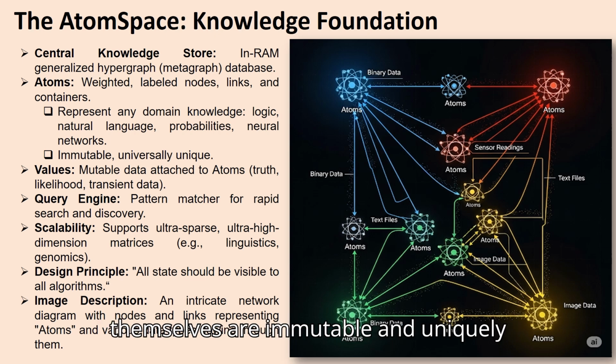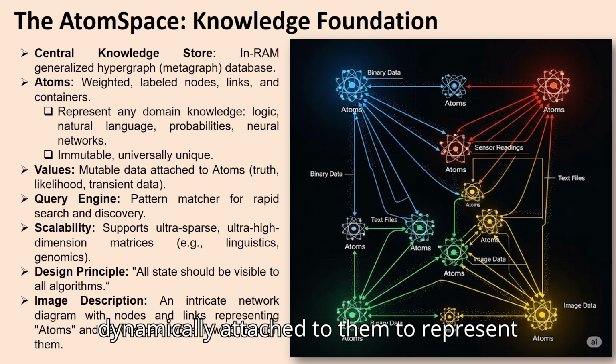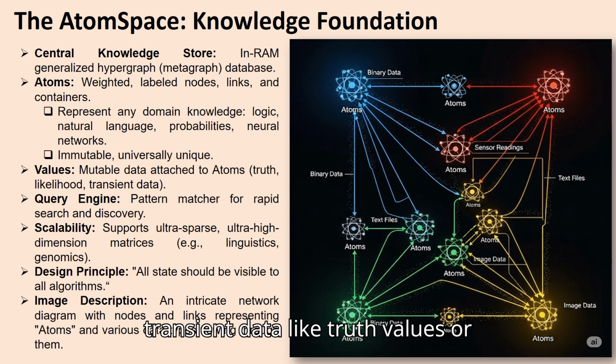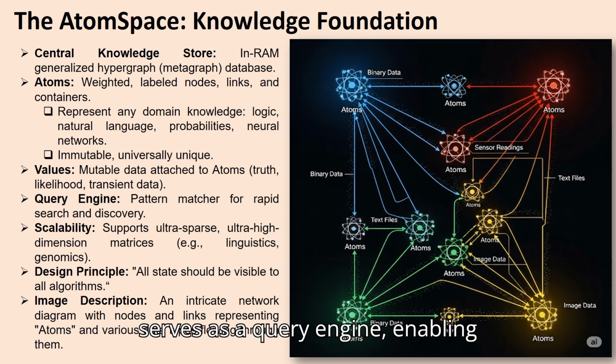While atoms themselves are immutable and uniquely identified, values can be dynamically attached to them to represent transient data like truth values or probabilities. A powerful pattern matcher serves as a query engine, enabling efficient search and discovery.